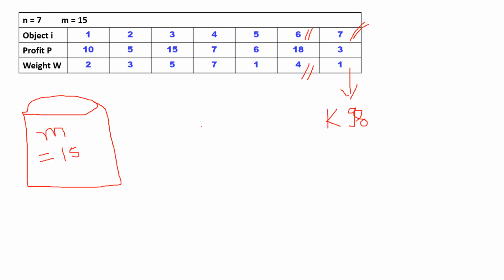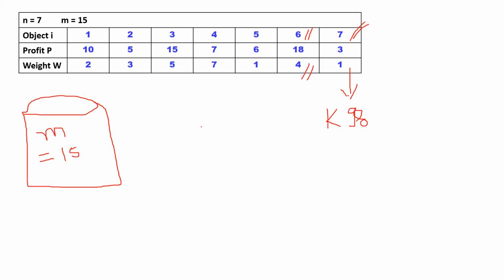But if these objects are home appliances, a TV or a fridge, I cannot fill half of a TV into the bag. I'll have to either fill it or not fill it. Partial filling is not possible in such scenarios.